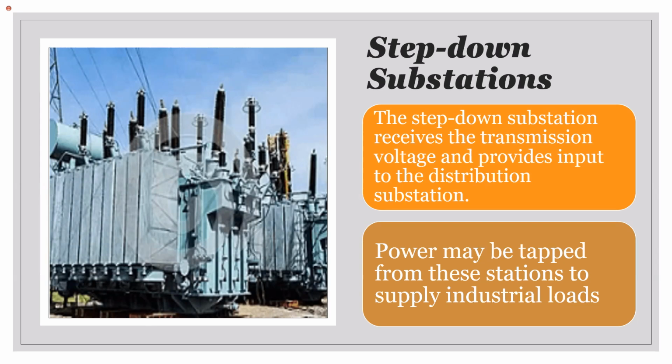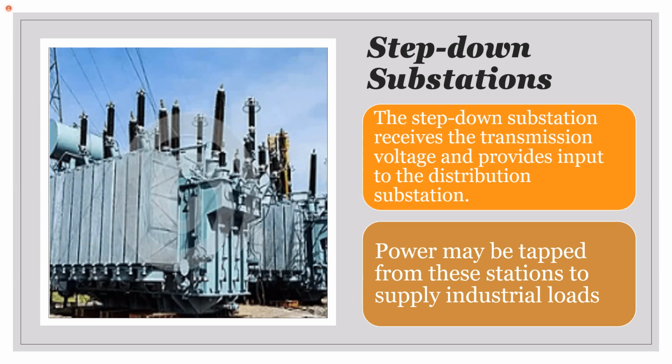All right. But coming from the utility itself, yes, you'll be getting 24. I hope we understand that. So the step-down substation is not about distribution. It is providing a lower voltage for the distribution substations.